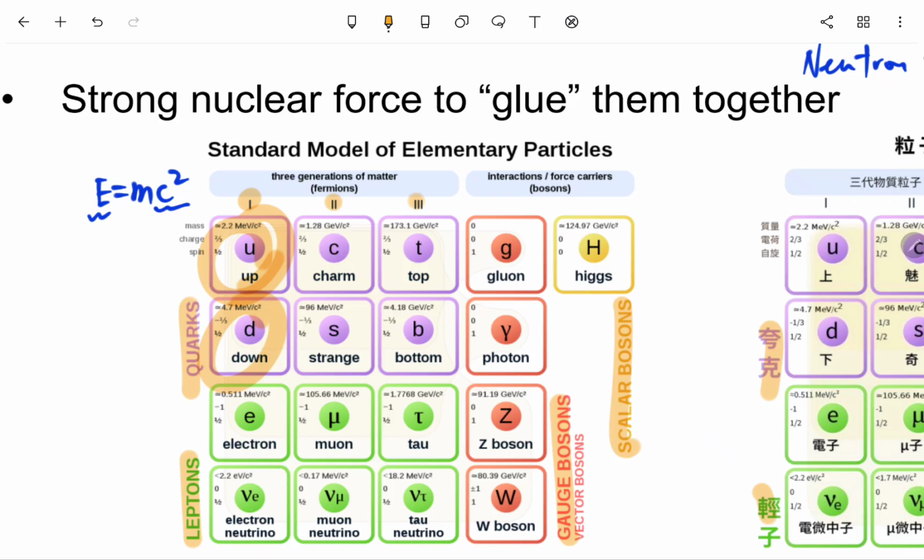Even considering dark energy, it is around 1/4, so more than 70% of the universe cannot be represented by this standard model of elementary particles.